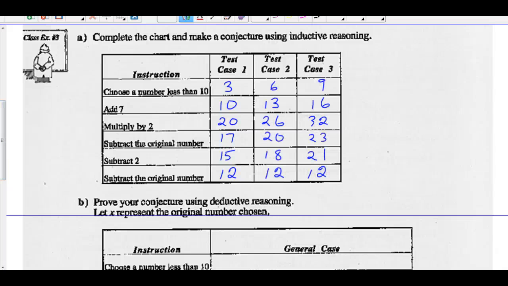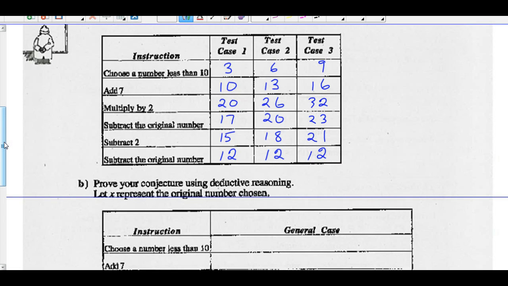Go through your 2 other test cases and look at the bottom row, and it seems to us that no matter what number we start with, the final answer is 12.